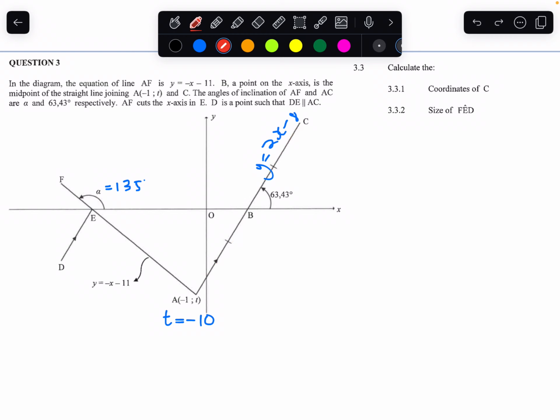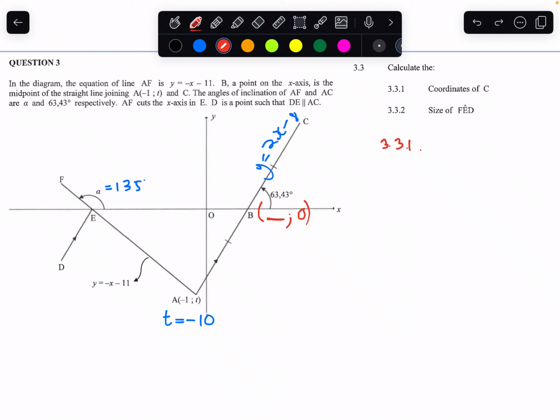So the amount of run and rise that I need to do from A to B is going to be the same as the run and rise that I need to do from B to C. Okay, so this is meaty. We don't know what the x coordinate of B is. We just know its y coordinate is 0. So we need to figure out the x coordinate of B, and we do that by remembering that B is the x-intercept on the line y is equal to 2x minus 8. So I'm going to put in 0.